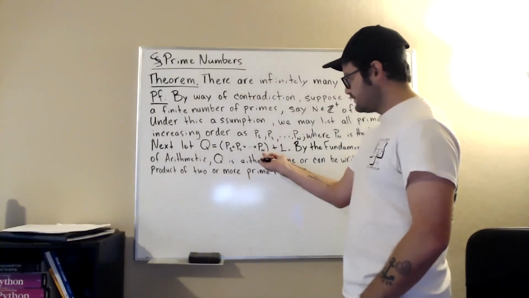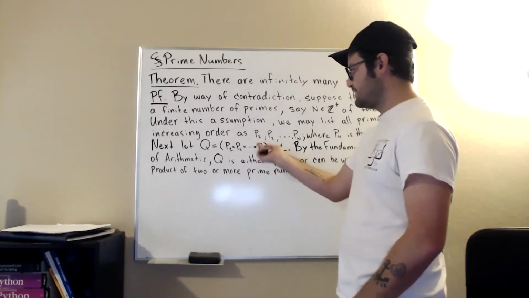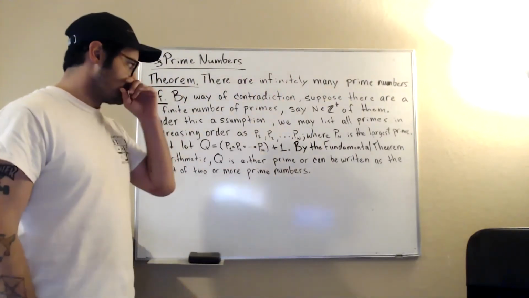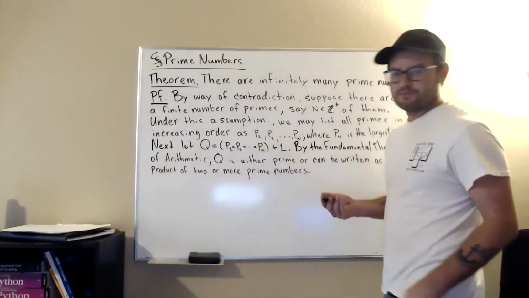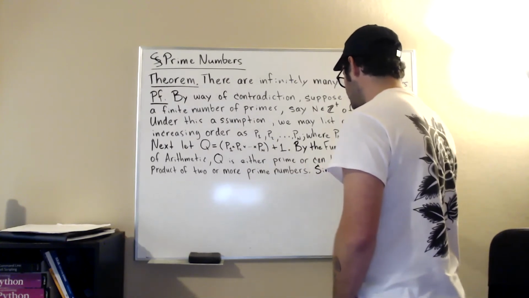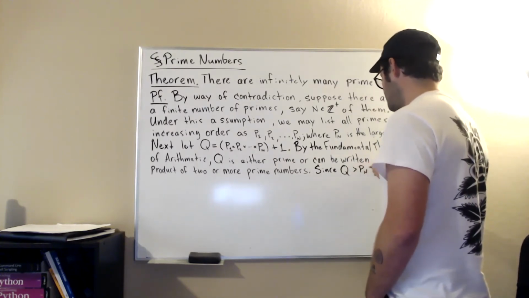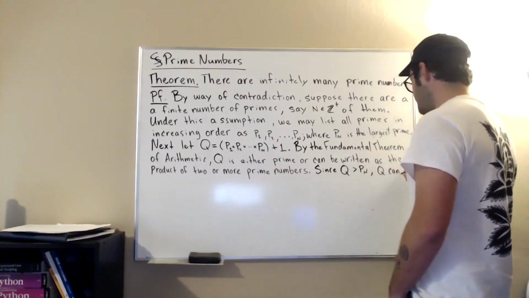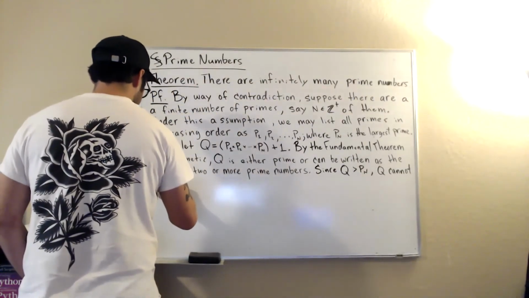But note, since we're multiplying Pn here by positive integers, and we're adding 1, and Pn is the largest prime, right? So Q is strictly larger than Pn, so Q is larger than the largest prime, so Q can't be prime. So we can say, since Q is strictly greater than Pn, Q cannot be prime.